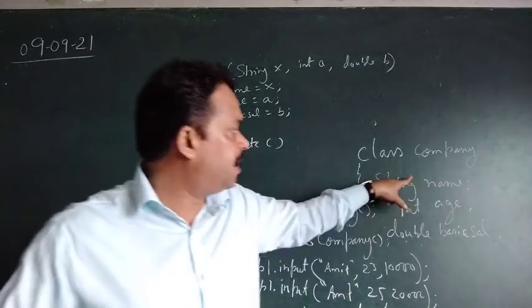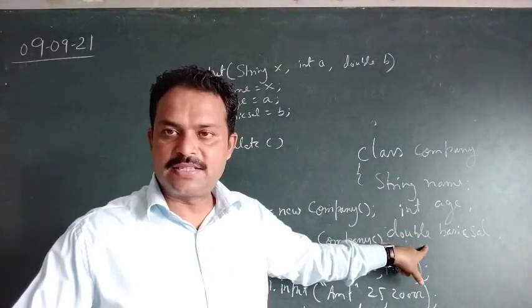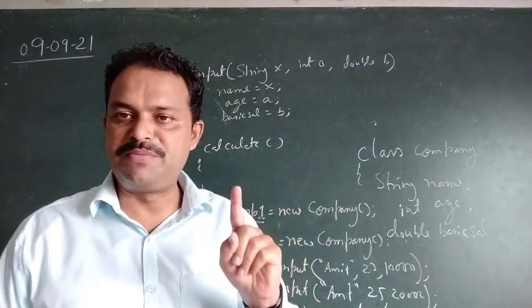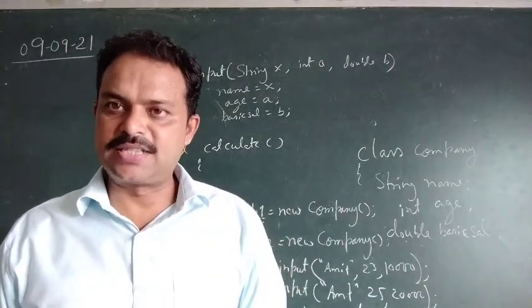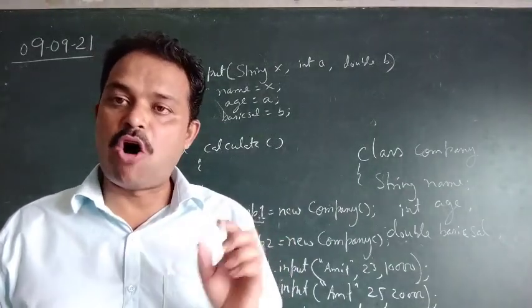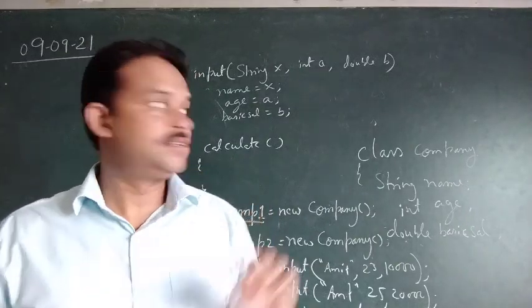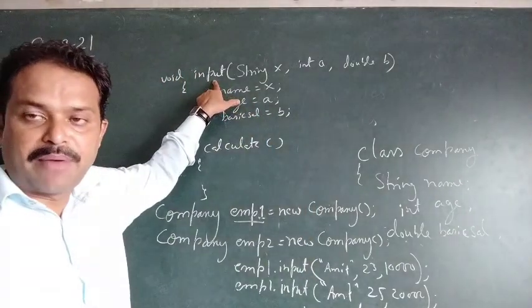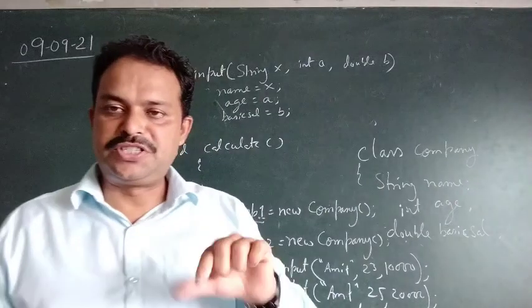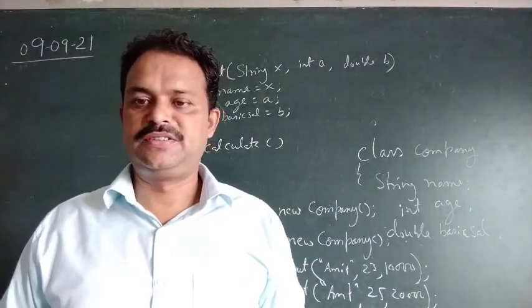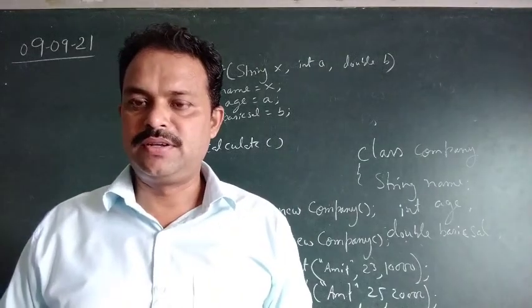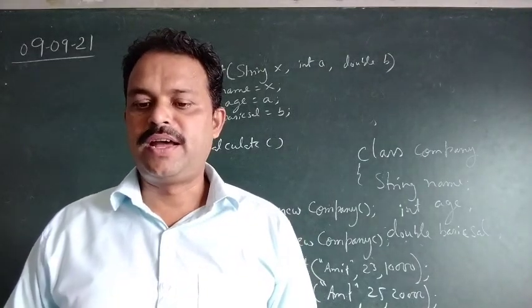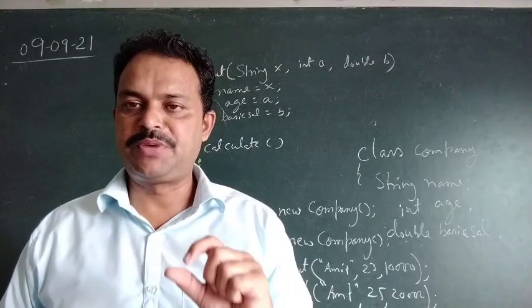Attributes, meaning variables, decide the state of an object. And change in the state occurs when some method is applied on an object. This is the method I am applying, so its state will change. So these are the two lines written in the book, and with respect to the program.